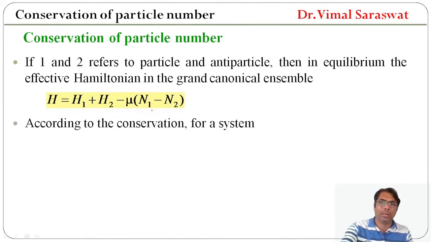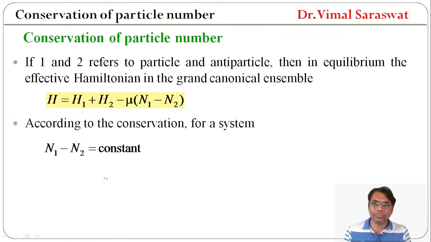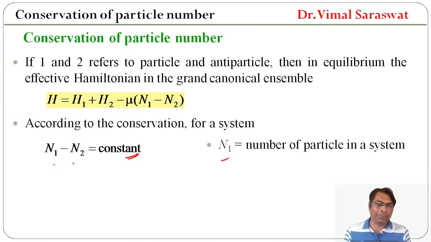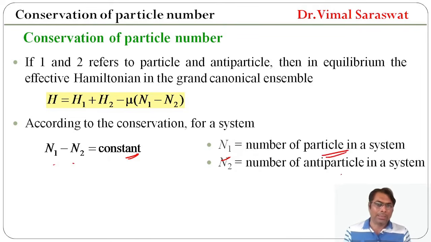According to the conservation for a system, N1 minus N2 is always constant. It means the difference of particle and antiparticle remains always constant. Here N1 is the number of particles in a system and N2 is the number of antiparticles in a system.